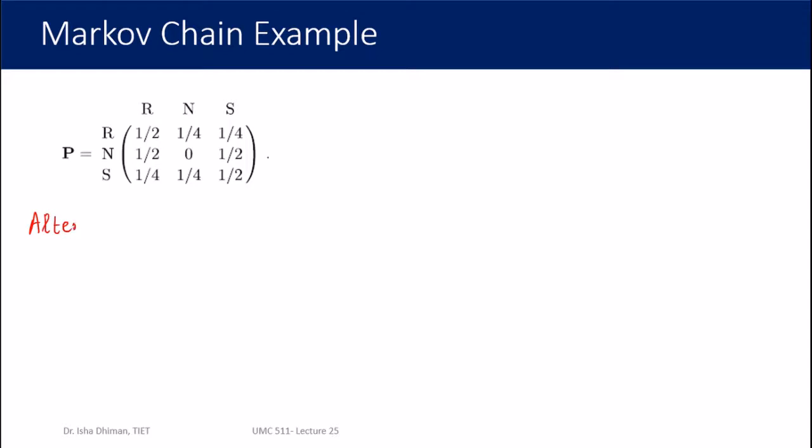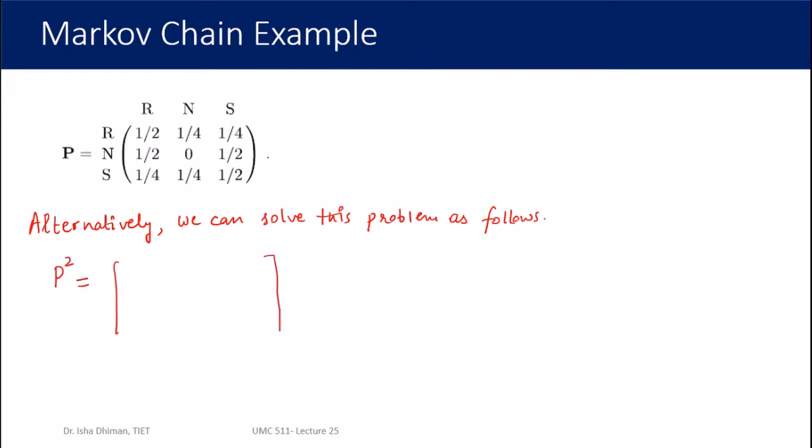So I'm explaining that alternatively, we can solve this problem as follows. We'll compute P square, and then in the matrix P square we find the value of the entry S to R, which is 3,1.